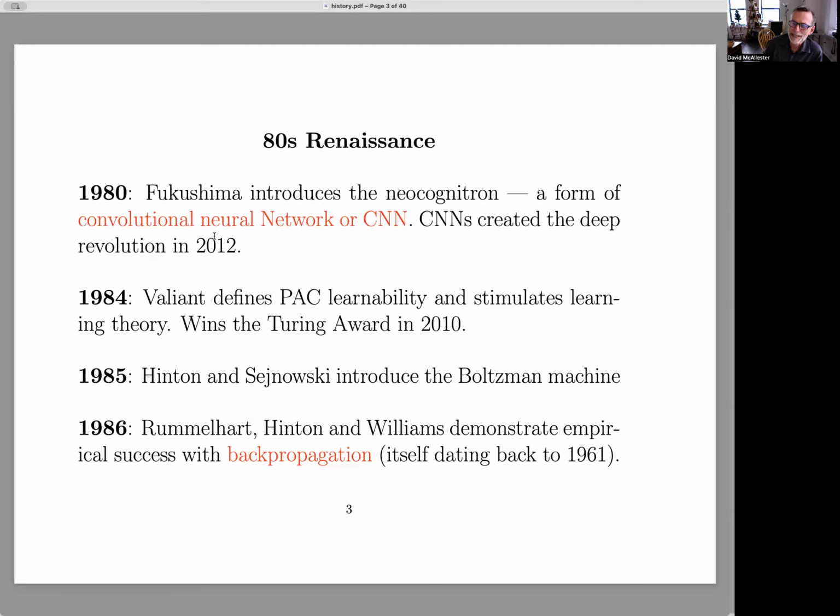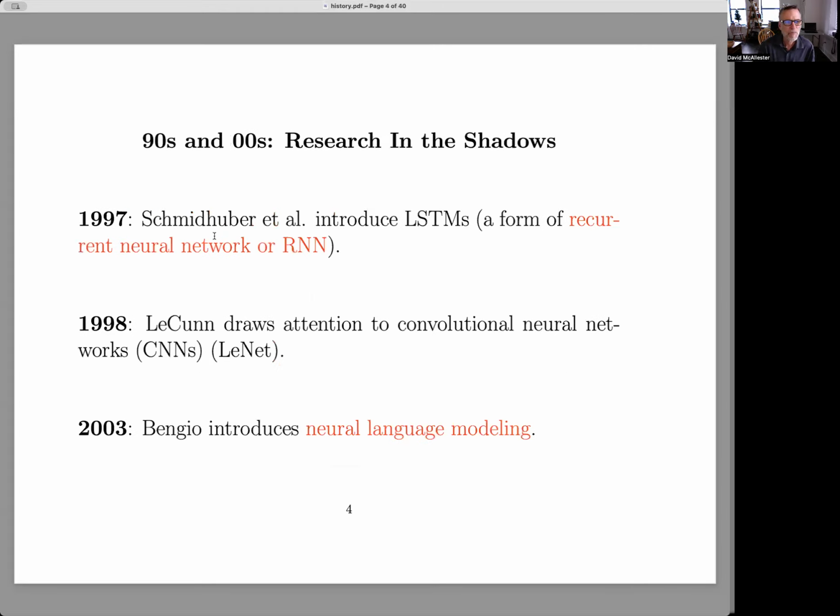Now, backpropagation itself dates back to 1961, but it wasn't a prominent tool until this time, 1986. In 1997, this is still before the deep revolution, Jürgen Schmidhuber introduces the LSTM, the long short-term memory. This is a form of recurrent neural network or gated neural network.